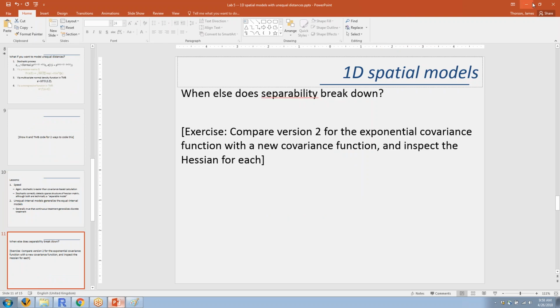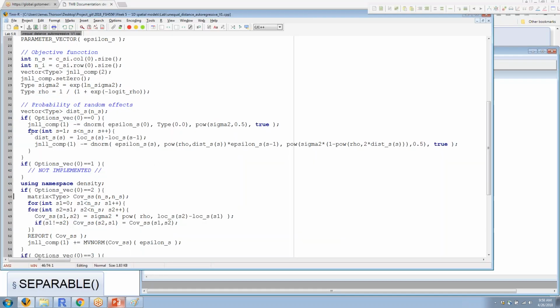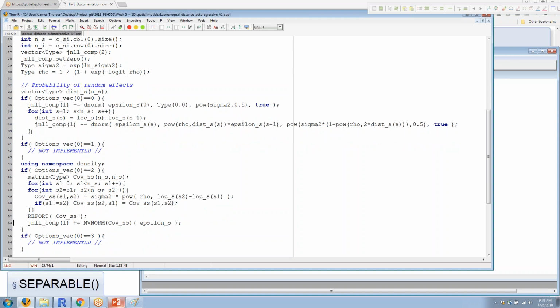And what I'd like to do as an exercise is have people go in and edit version 2 to use a different function besides the exponential correlation covariance function.